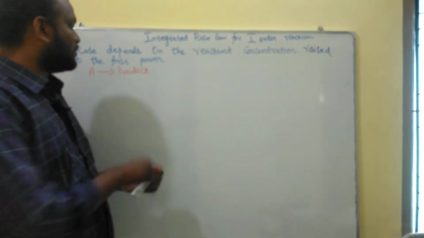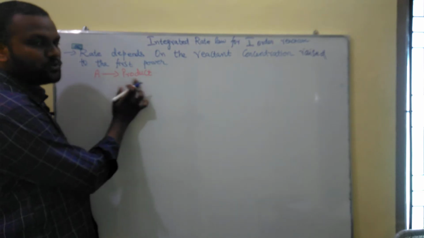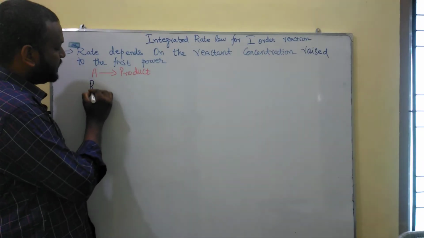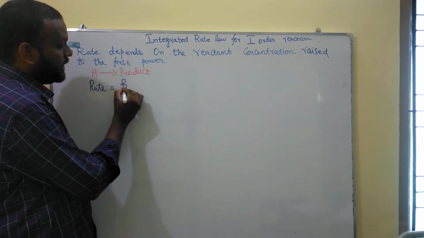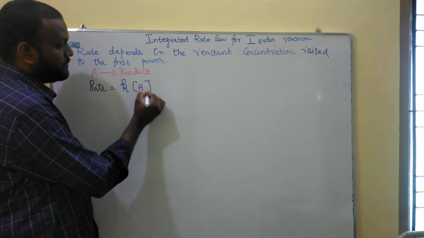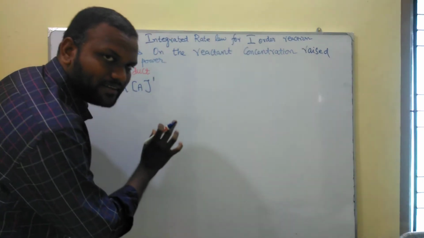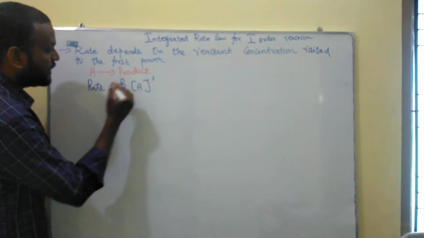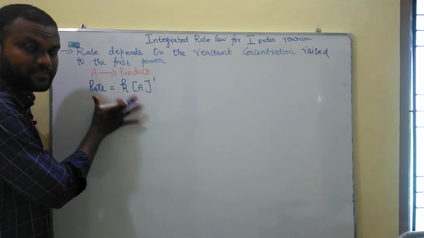If the power is equal to 1, suppose we consider the reaction A gives product, the rate of the reaction is written as rate equal to K into concentration of A power 1. We simply put 1 because it is a first order reaction. So this is the rate law for the first order reaction.